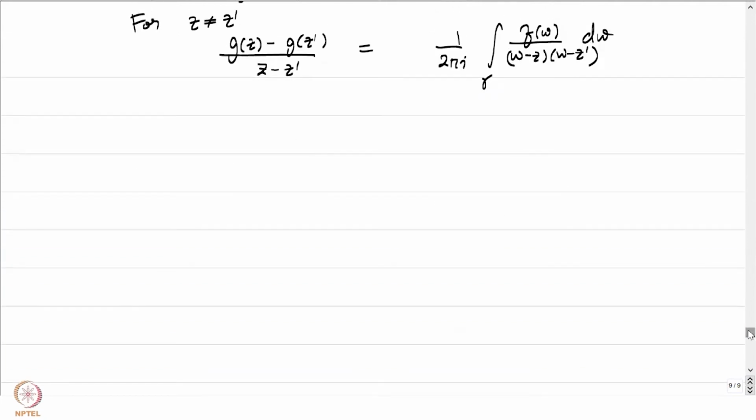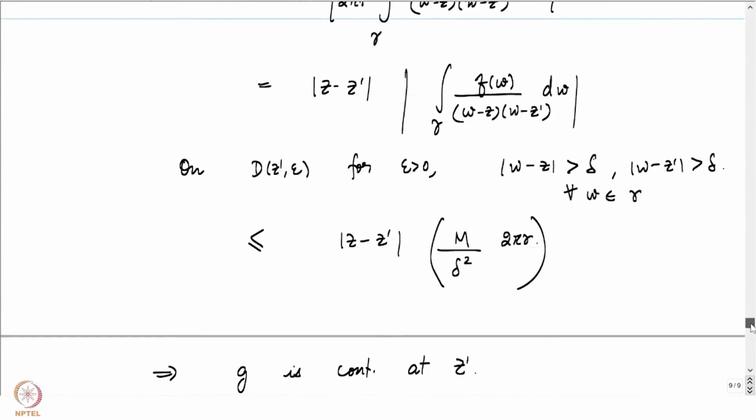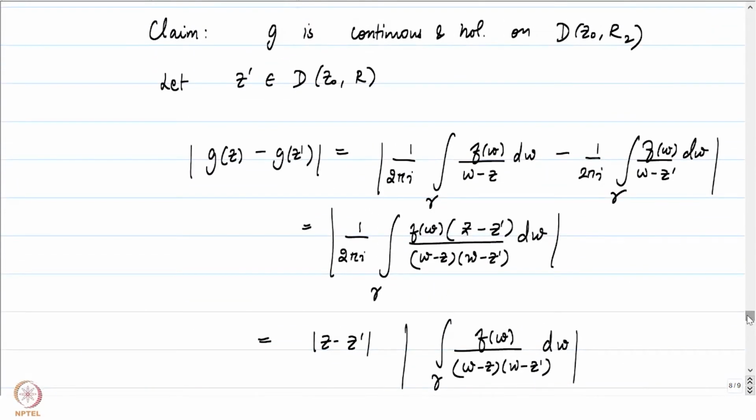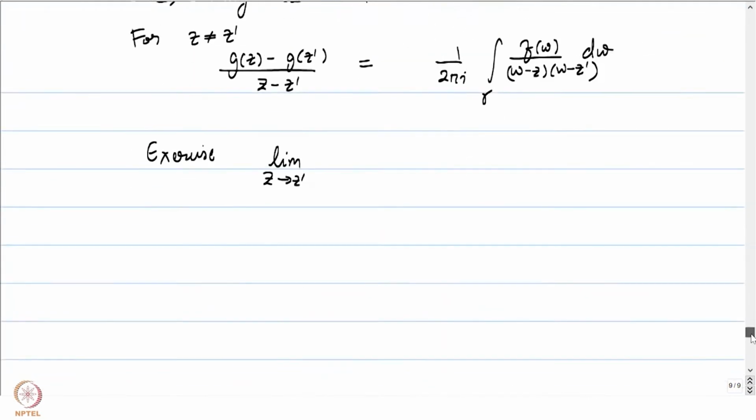So it's a good exercise to sit down and convince yourself that as z goes to z prime, the techniques are exactly similar to how we established G is continuous.